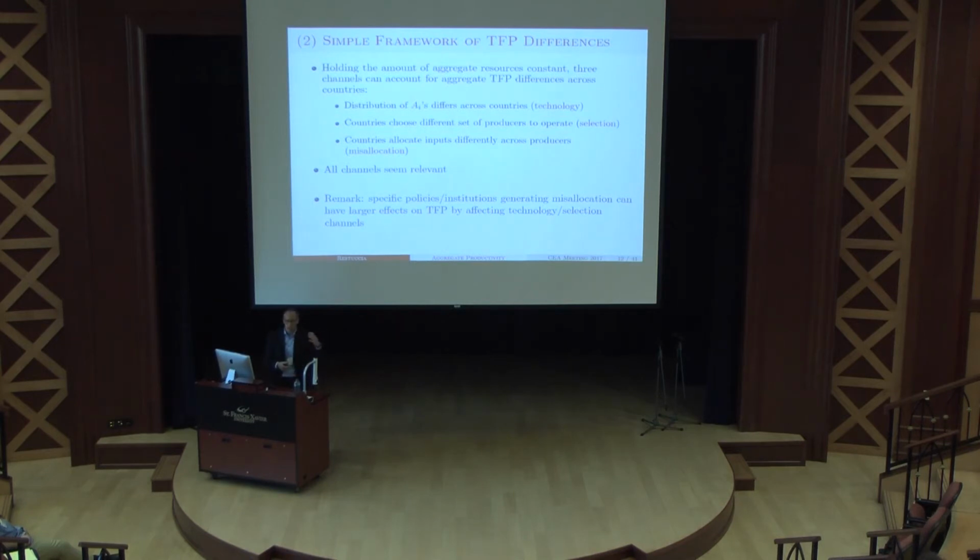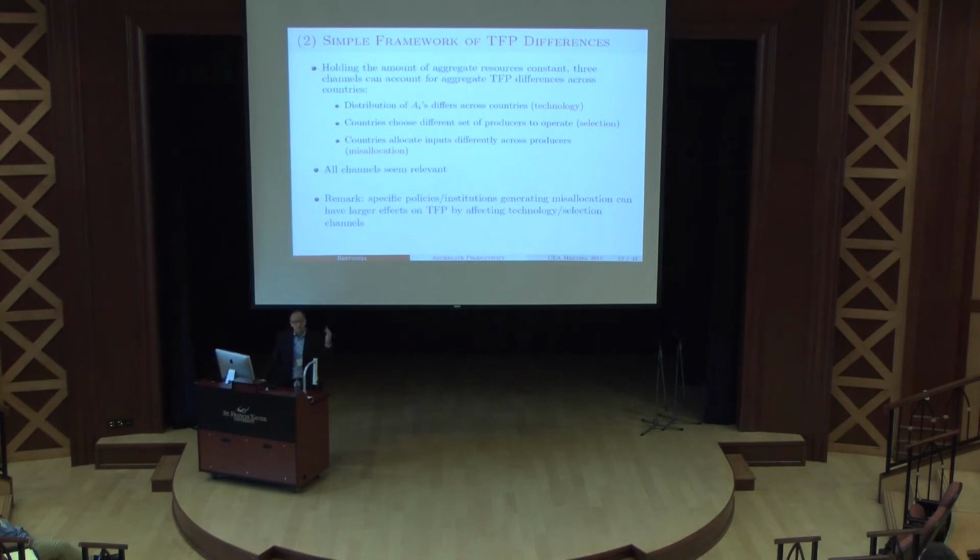Think of this counterfactual as holding the aggregate amount of resources fixed. The first of the three channels that we have in this simple framework to account for TFP differences across countries is what we call the technology gap. It might be that simply the distribution of producers that you have in this economy is very different. They just utilize different technologies. I call that technology, and that will be reflected in the simple framework as differences in the distribution of the A_i's that we have.